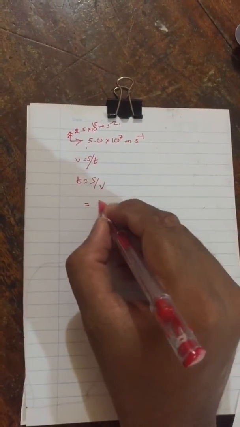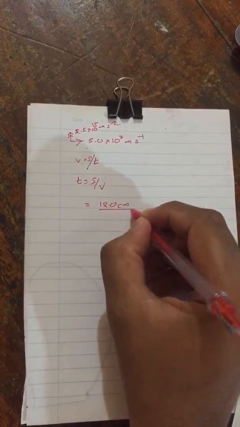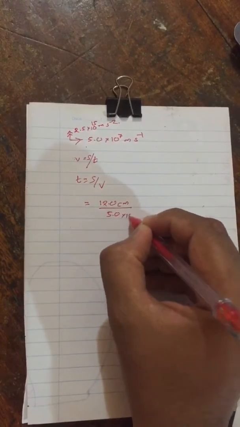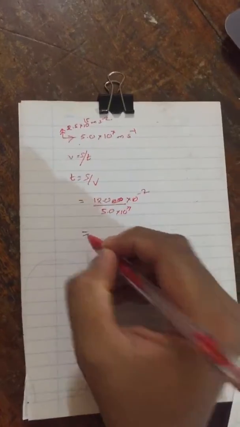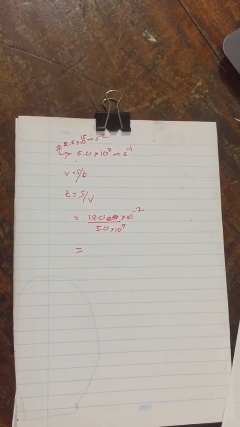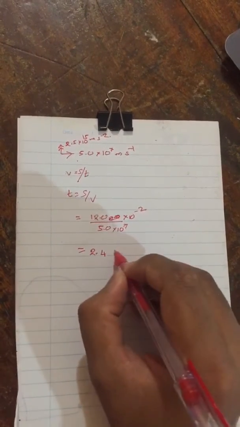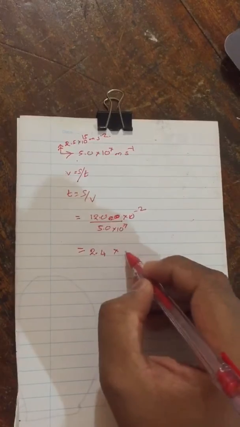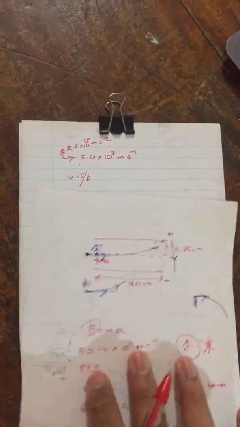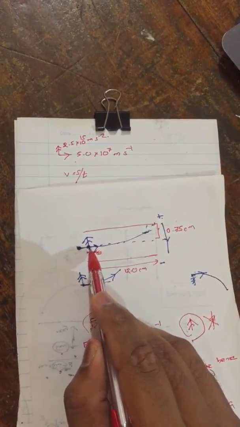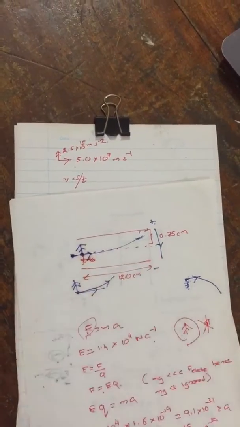So the distance is 12 centimeters, the speed is 5 into 10 to the power 7. So that gives you a time value of 2.4 times 10 to the power minus 9 seconds. So this is the time taken for the electron to travel the horizontal distance 12 centimeters.